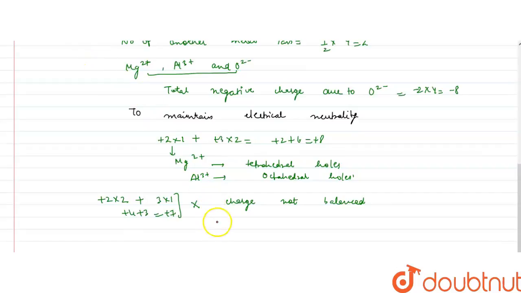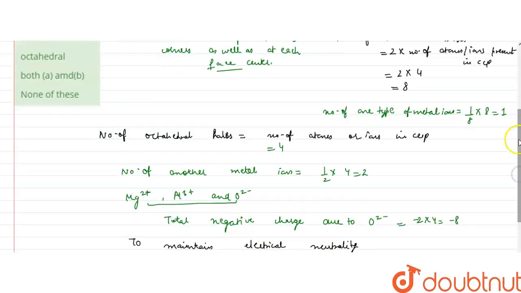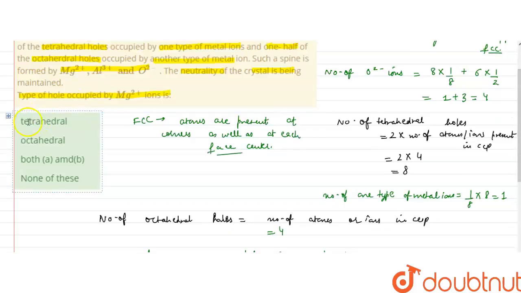Our question was which type of holes are occupied by magnesium 2+? So Mg2+ will occupy the tetrahedral holes. The correct option is option A, tetrahedral.